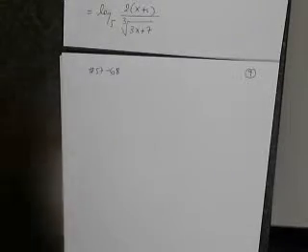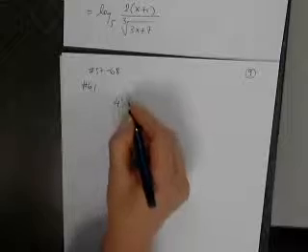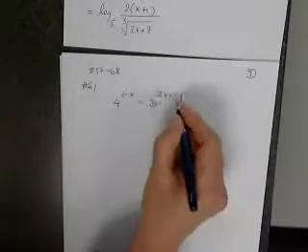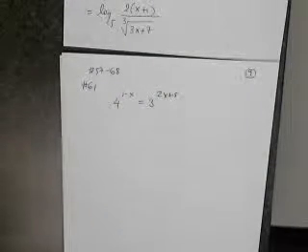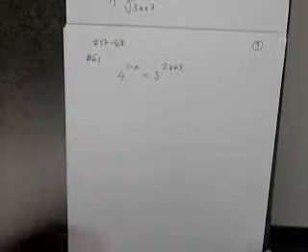Okay, I'll choose the most difficult one, I think. 61: 4 raised to 1 minus x equals 3 raised to 2x plus 5. I consider this the most difficult because after you apply log to both sides, it looks weird and it may confuse you.